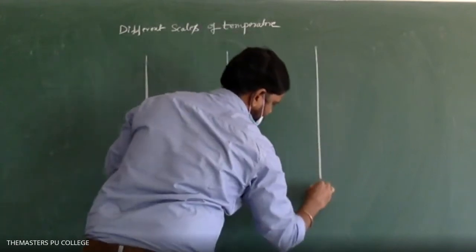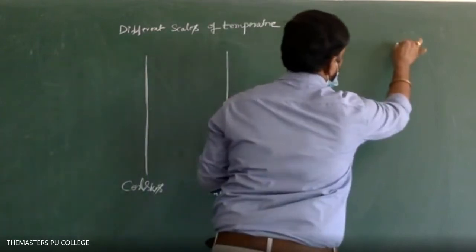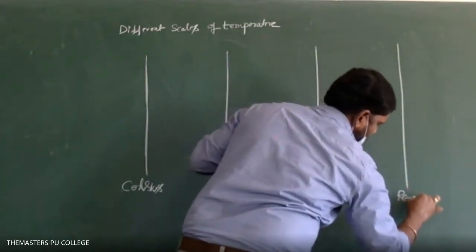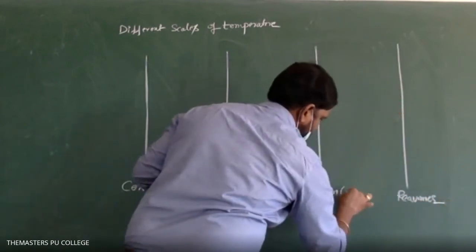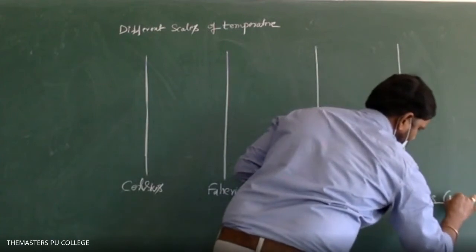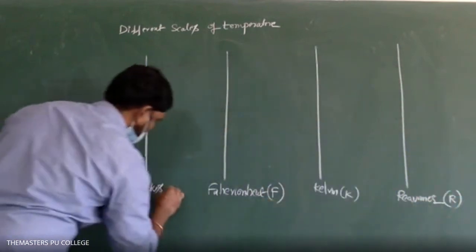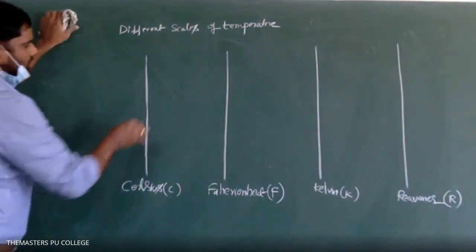Next one is Kelvin scale. Last one is Reamer scale. Okay, so these are the four different scales.